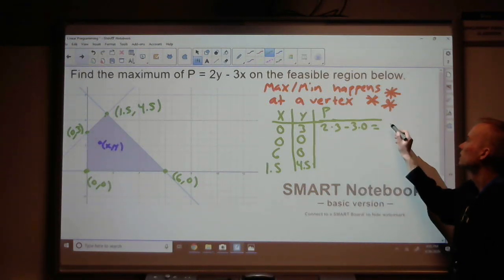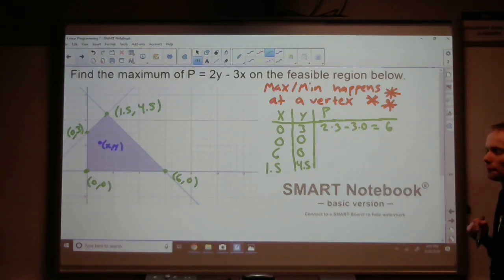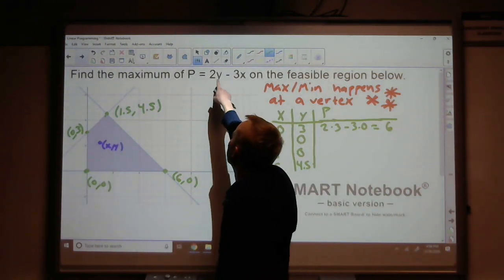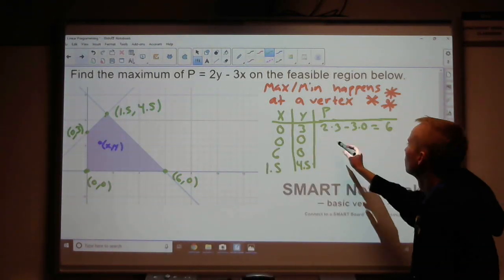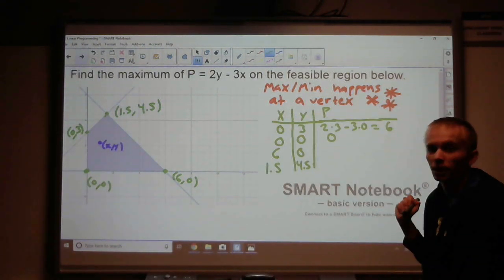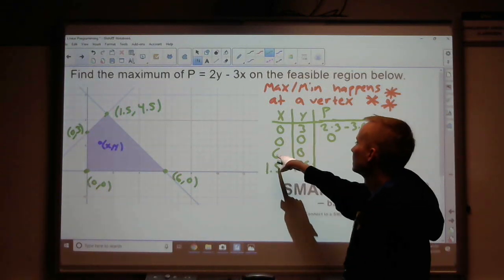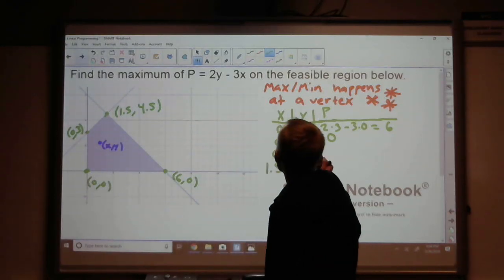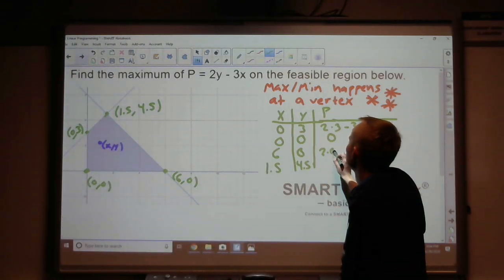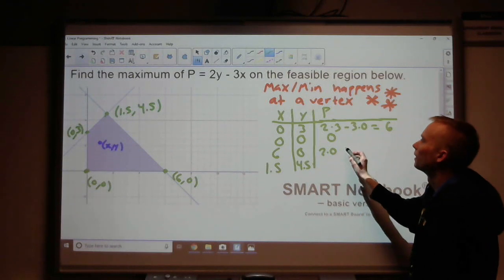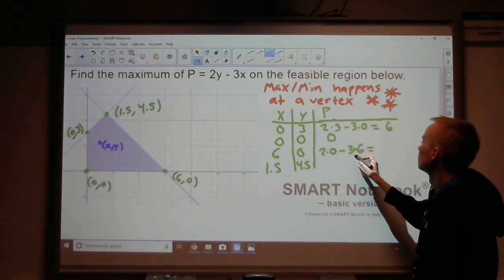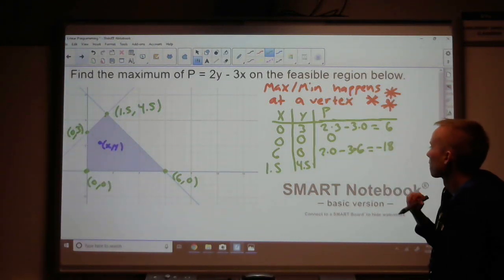So we just get 6 there. If I plug in 0 for x and y, what happens? We just get 0. If I plug in 6 for x and 0 for y, I get 2 times 0, that's y, and then minus 3 times 6 is negative 18.